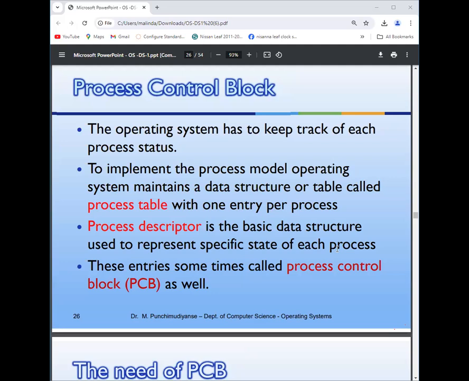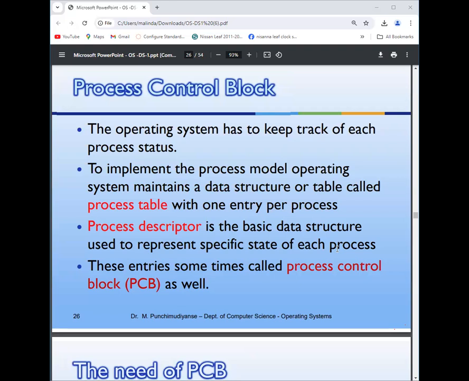Otherwise, it doesn't know which process is there in the system, whether it is in a running state or a waiting state, and how many resources have been allocated. So all those things have to be somehow stored. The process control block is the place where that information is stored.